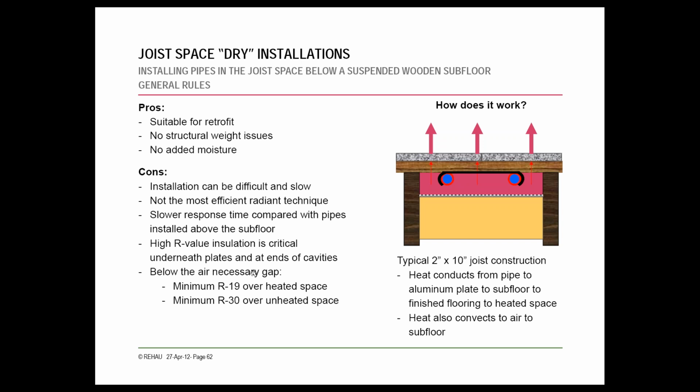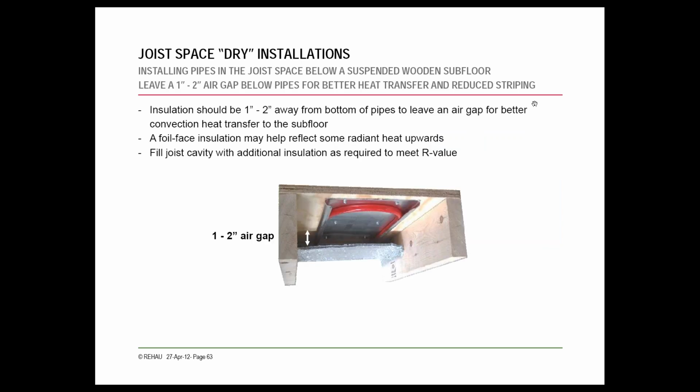So you can see here they have some minimums for the installation. What they're recommending here is what you want to do where the purple or pinkish zone on the diagram on the right would be the air gap, and then you'd want to install the insulation, preferably foil faced, facing upwards below the air gap but above the space below to drive that heat upwards.